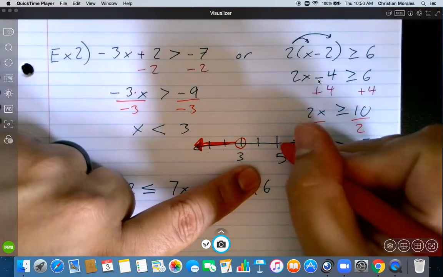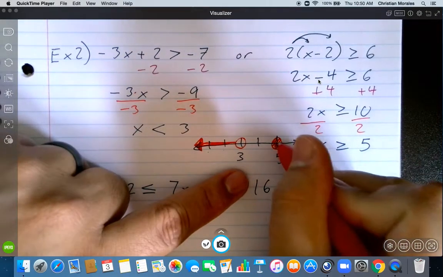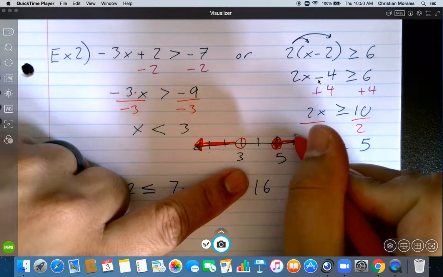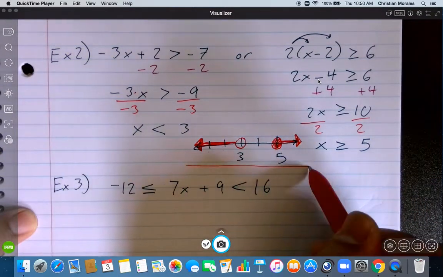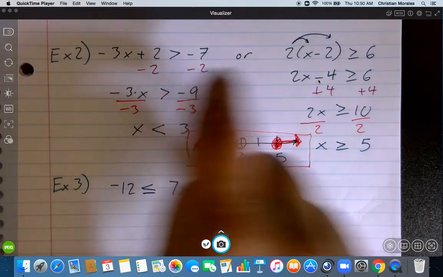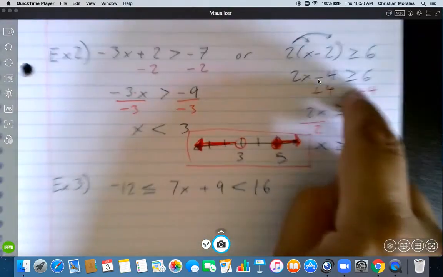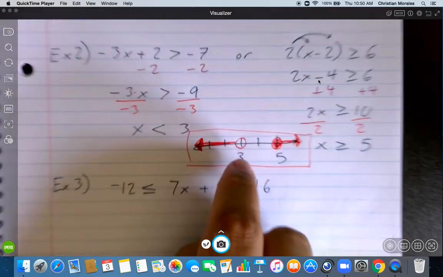But here, I'm going to have a closed circle. X is greater than, so it goes this way, like that. And that's my answer. That's it right there. You put both answers together because a compound inequality is two answers on a single number line. You can have more than one answer on here.